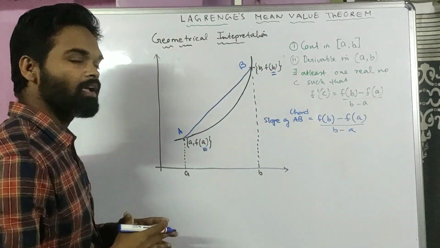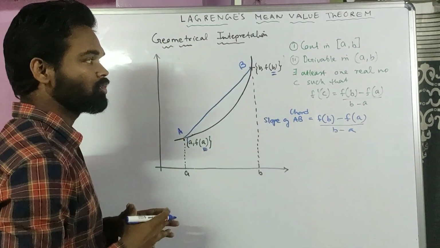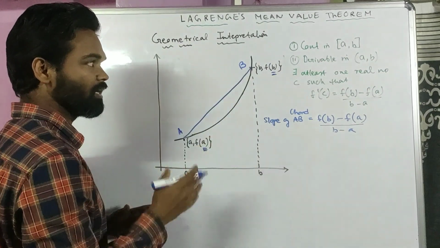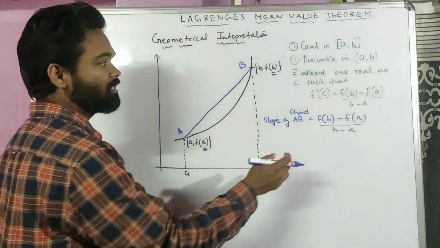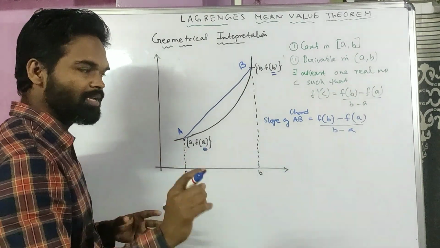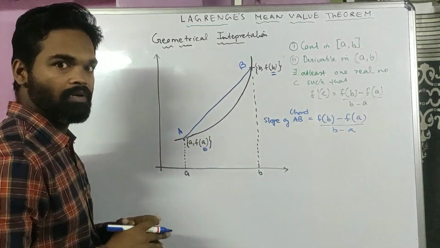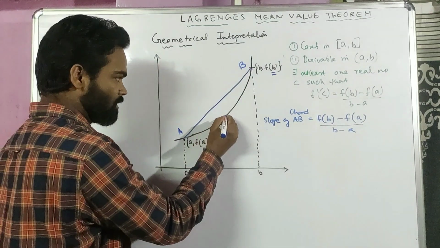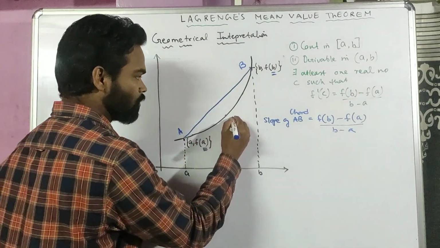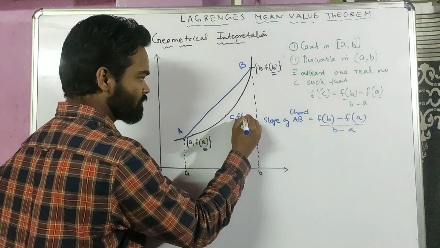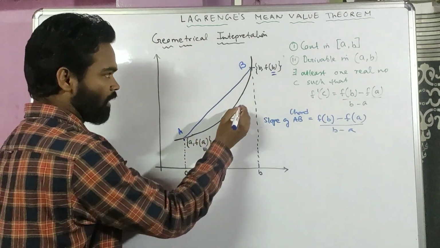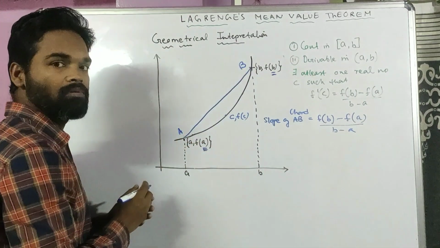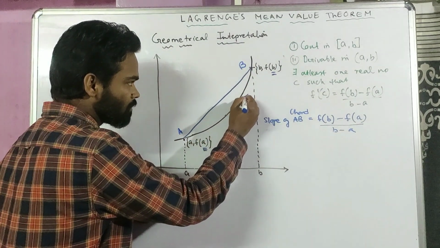That is the slope of AB, and according to the Lagrange's theorem, there exists one real number C such that f dash C is equal to this, which means on the curve there will be one point, suppose C comma FC, such that when you draw a tangent at this point, it will be parallel to the chord AB.